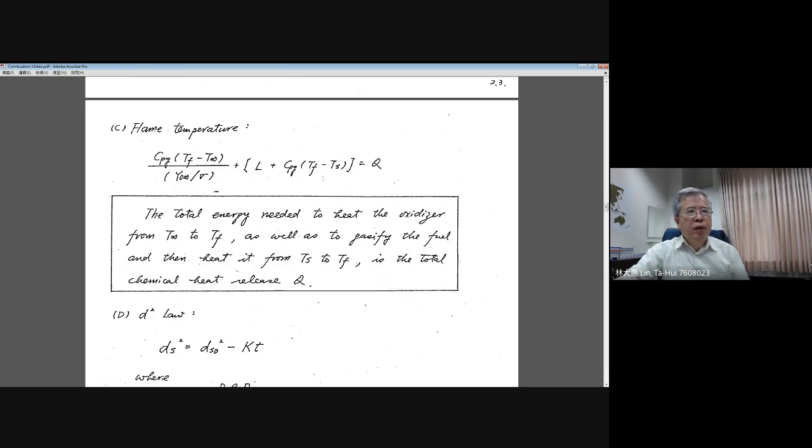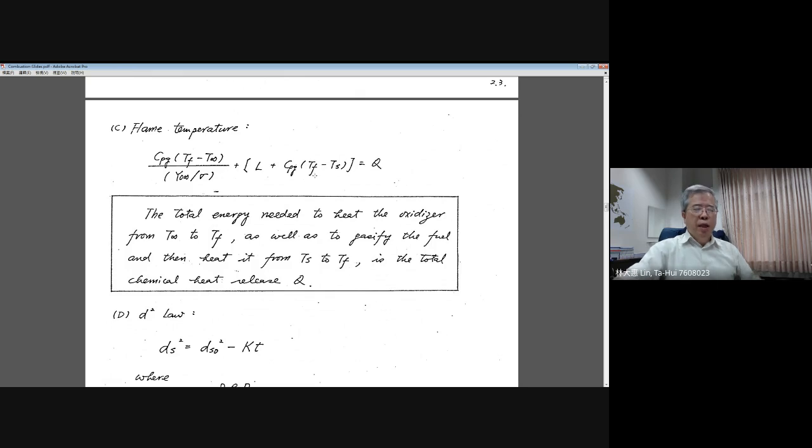Now that heat will be used for 1 kilogram of fuel, which has a latent heat of evaporation L, and when it evaporates and becomes a gas vapor, it will be heated from the surface temperature, because in the vicinity of the liquid surface, the gas temperature is very, very close to the surface temperature, right? And this temperature will be increased to the flame temperature.